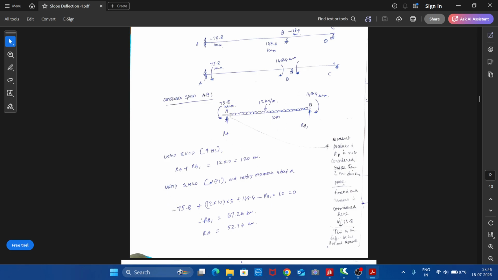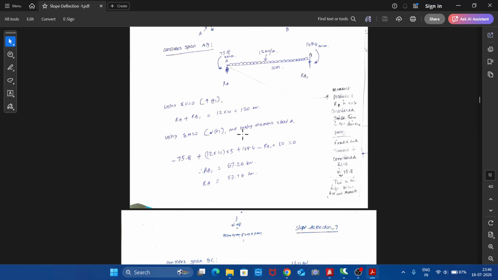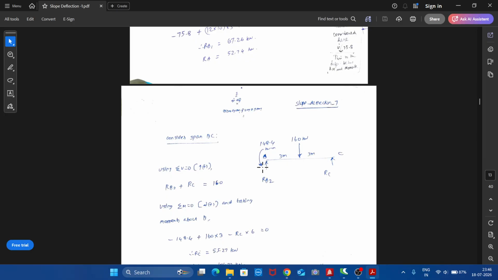Then taking moments about A, we already have a moment, so this is anti-clockwise, so minus 75.8 plus 12 into 10 into 5 plus 148.4. This moment is there, minus RB1 into 10 meters equal to 0. Therefore, you can find RB1 and RA. In a similar way, mark the free body diagram of span BC, and mark the reactions. So here we have an end moment, anti-clockwise, of 148.4.